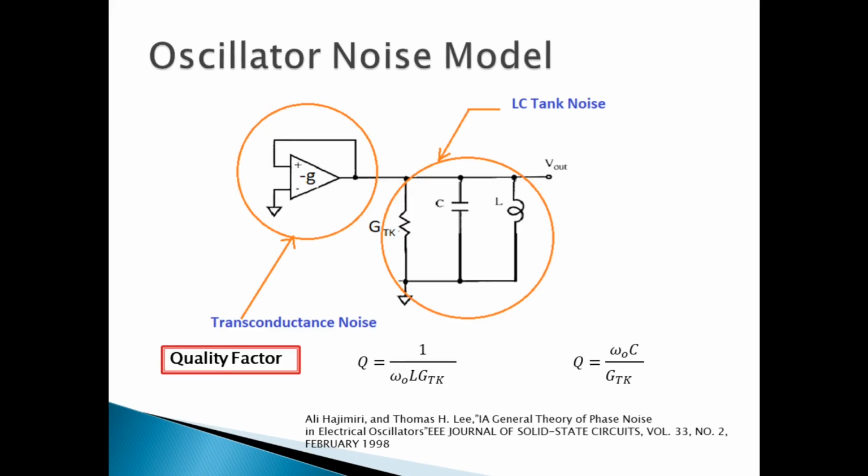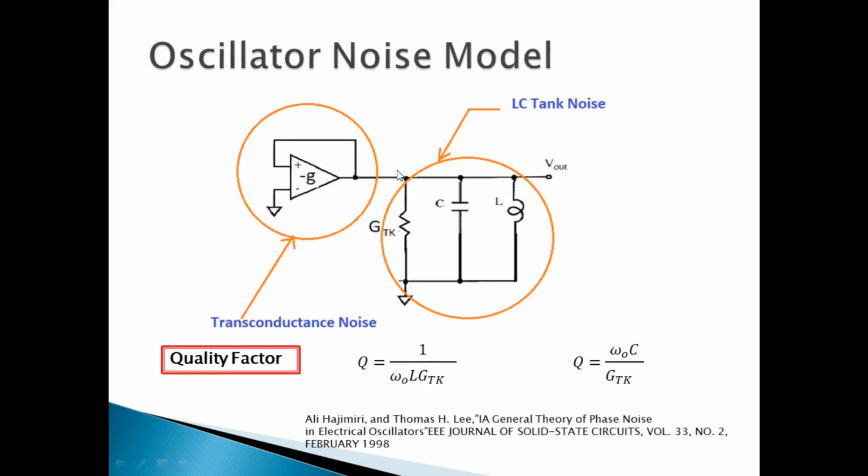As you know, an oscillator has an active part which generates the negative resistance, and the tank circuit which selects the frequency of resonance. So we'll be taking this model as our prototype, and you can see this is the LC tank circuit. We'll be talking about the noise introduced by the LC tank, and also looking at the noise of the transconductance.